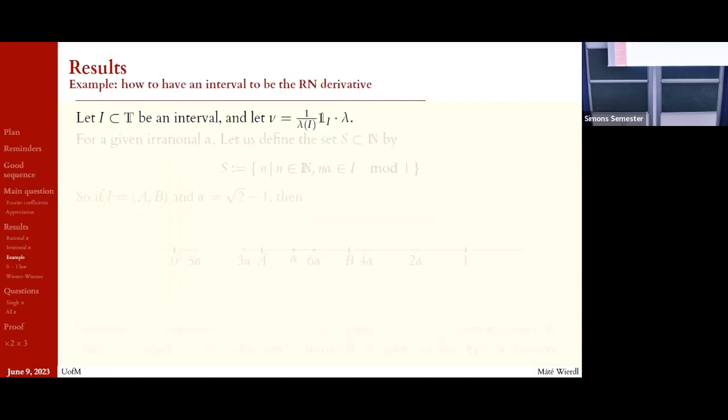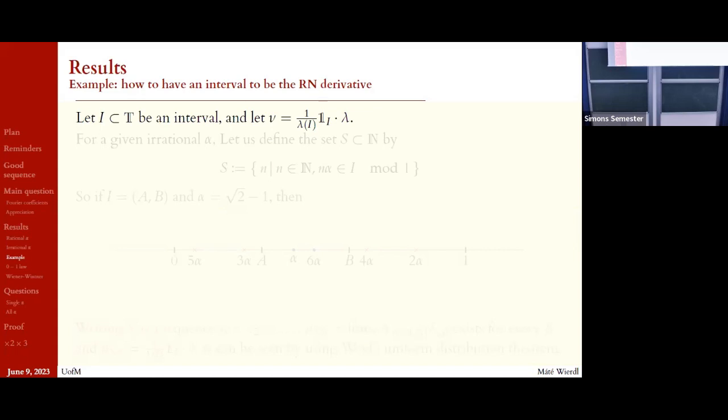So let's take any interval in the torus, and let's take the Borel measure which is the absolutely continuous measure with the Radon-Nikodym derivative being the normalized indicator of the interval, right?